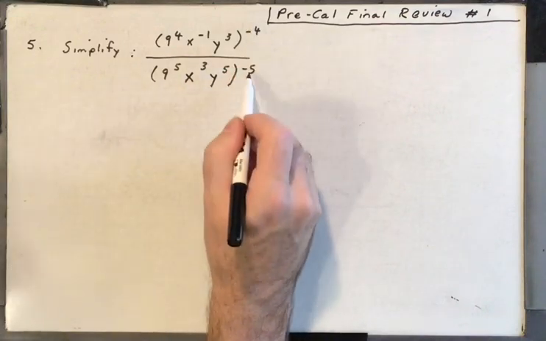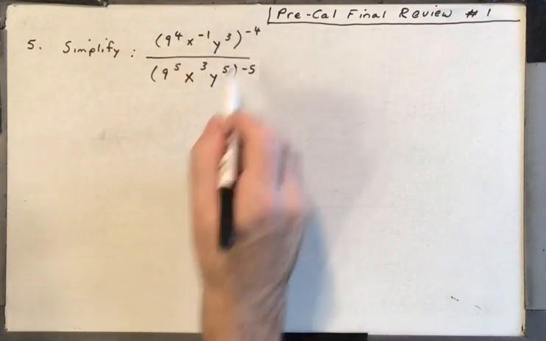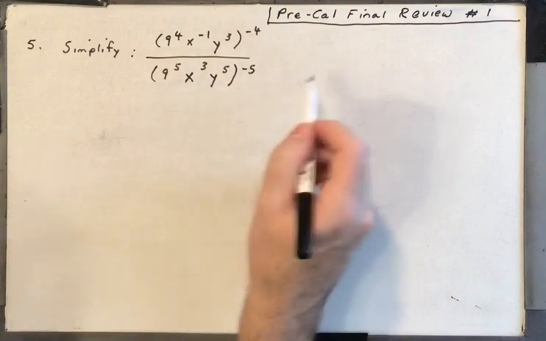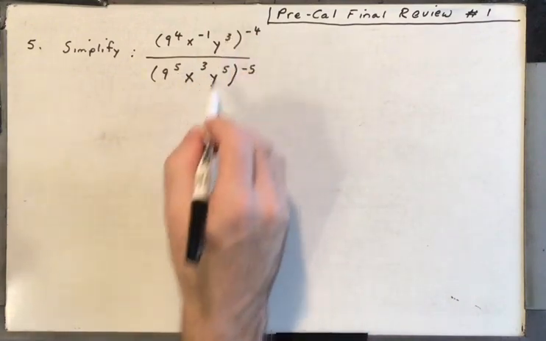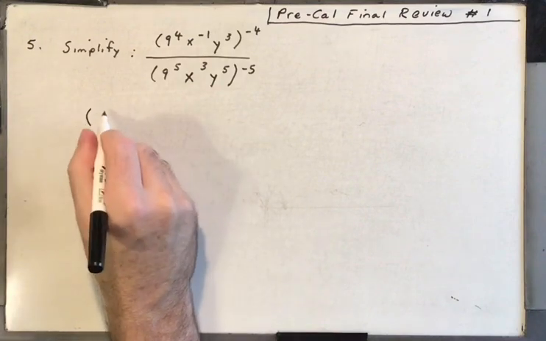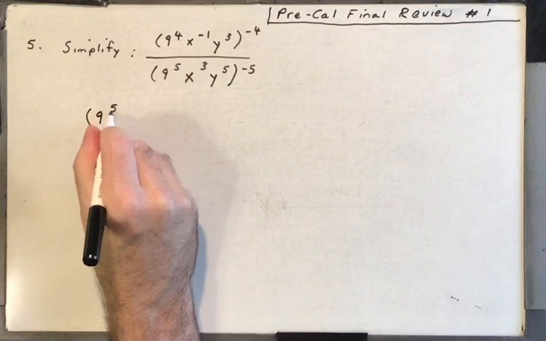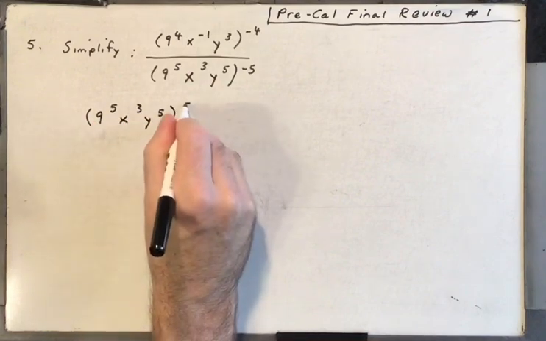Now, what I do on one like this, I go ahead and move the entire parenthesis on the bottom to the top to make it a +5, and the entire one on the top to the bottom to make it a +4, and then I expand. You could go ahead and multiply by negatives and then move them up and down. Either way is fine. I believe my method is just a smidge safer. So we have 9 to the 5th, x cubed, y to the 5th, to the positive 5th.